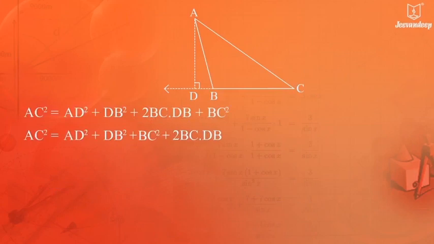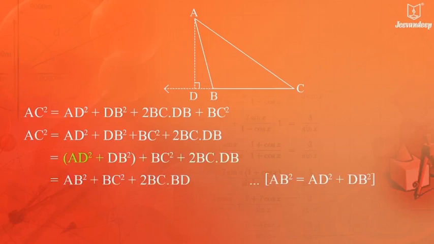Rearranging the equation, we get AD square plus DB square plus BC square plus 2BC DB.